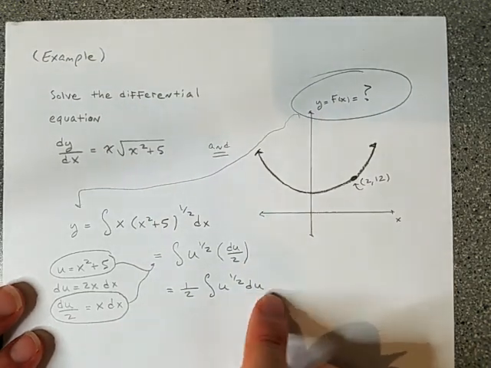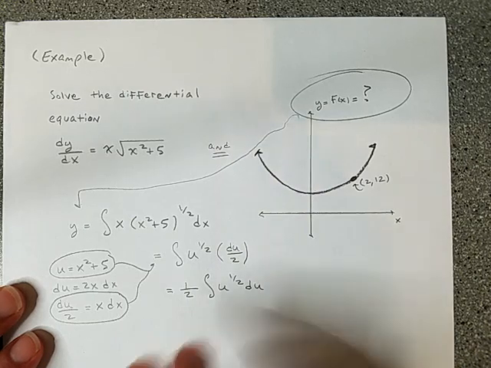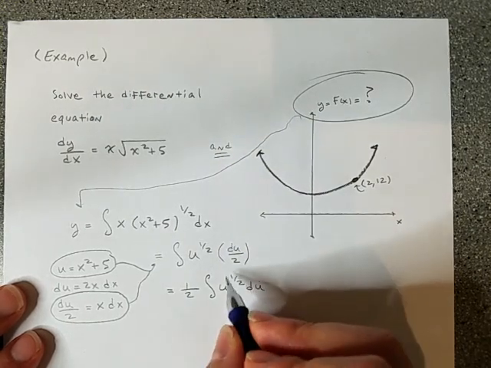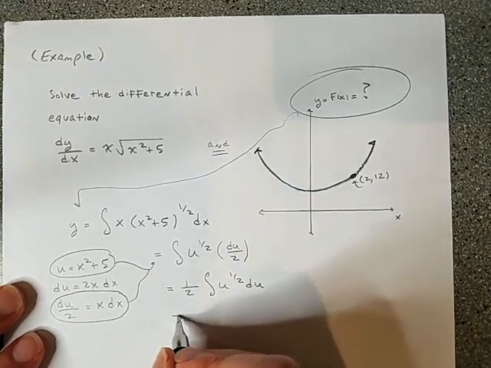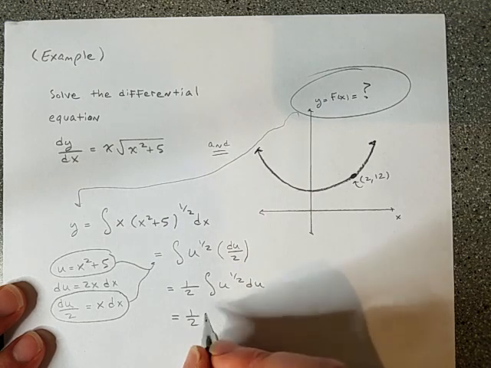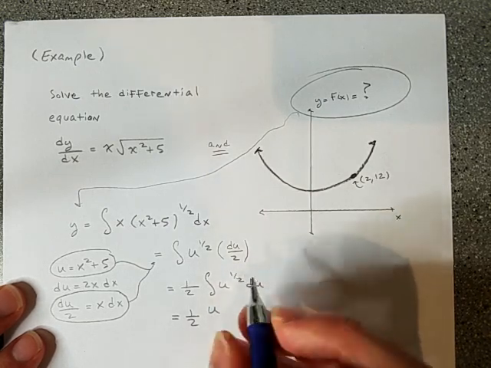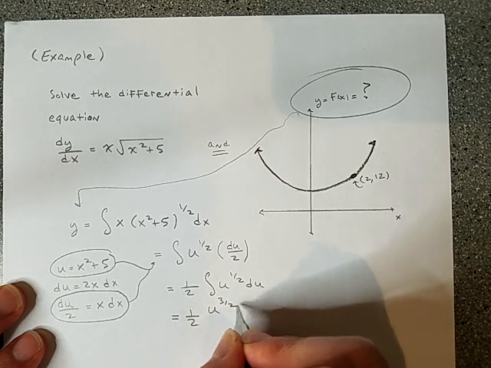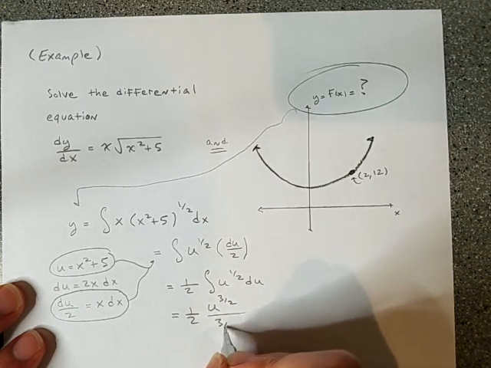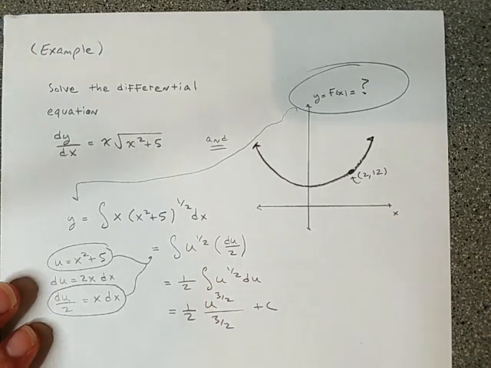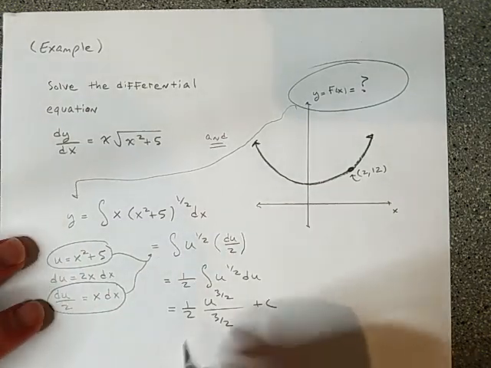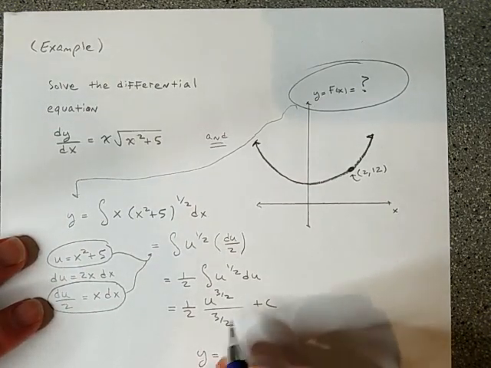And then now I can work that one. I've got a technique for it. There's a formula: you add 1 to the power and you divide. So I'll get 1/2 u, and if I add 1 to that power, I'll get 3 over 2, and divide by 3 over 2, plus c.